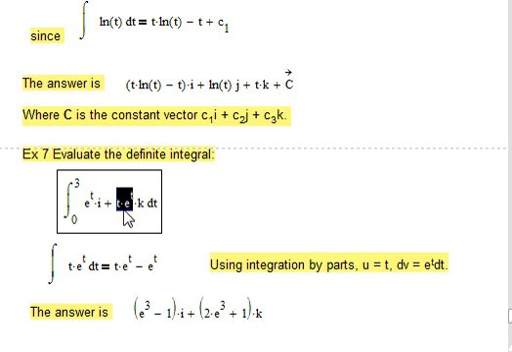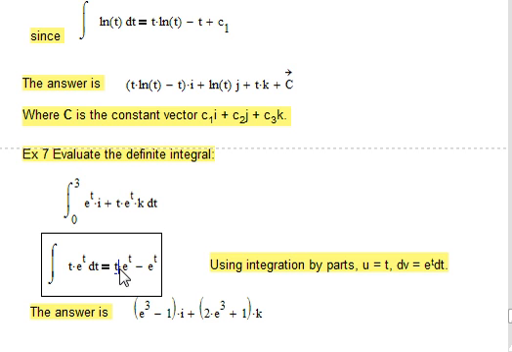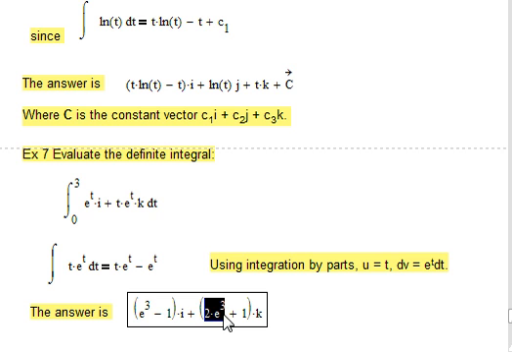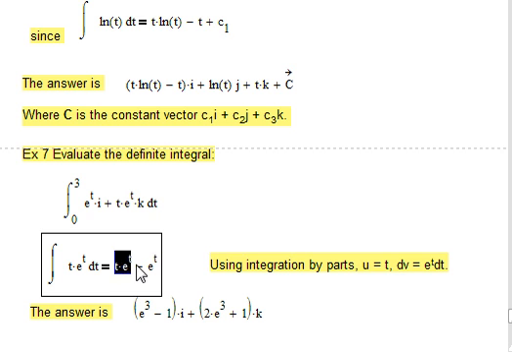The integral of the t e to the t k part is t e to the t minus e to the t, so when we put in a 3, we get 3 e to the 3 minus e to the 3, so 2 e to the 3. And then when we put in 0, we have 0 minus e to the 0, which is 1. But since it's minus a negative, it winds up being plus 1.